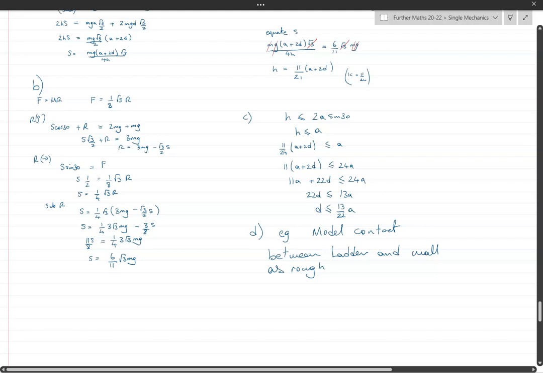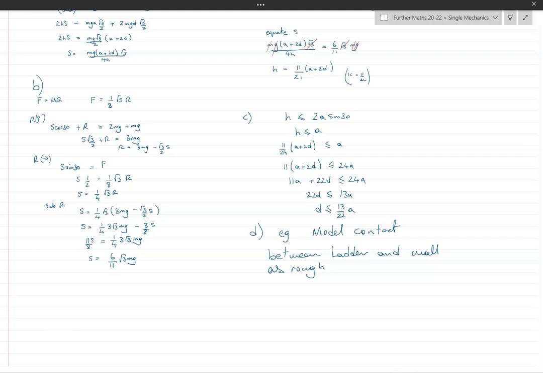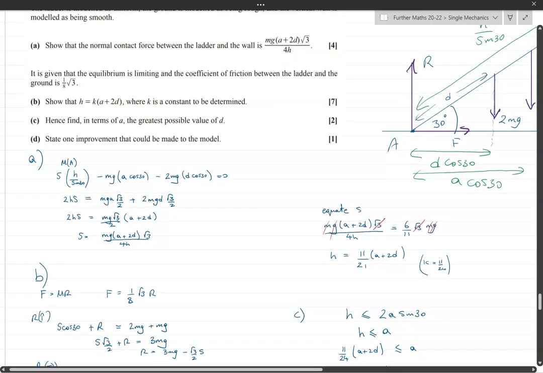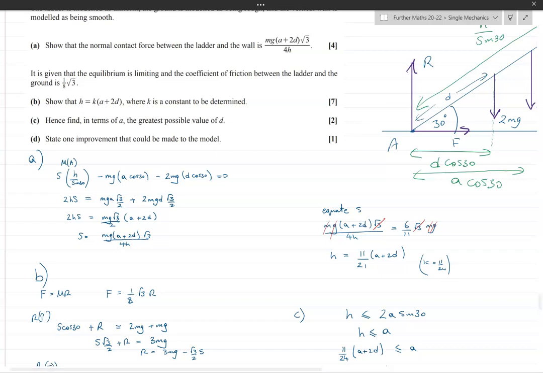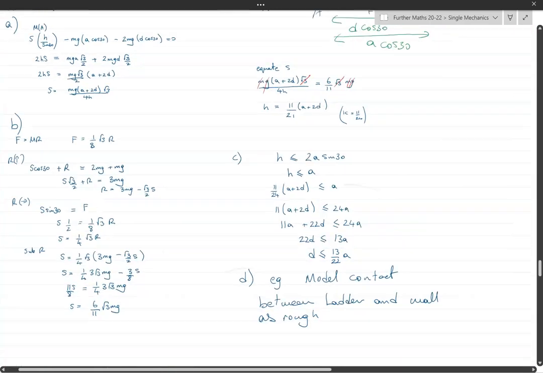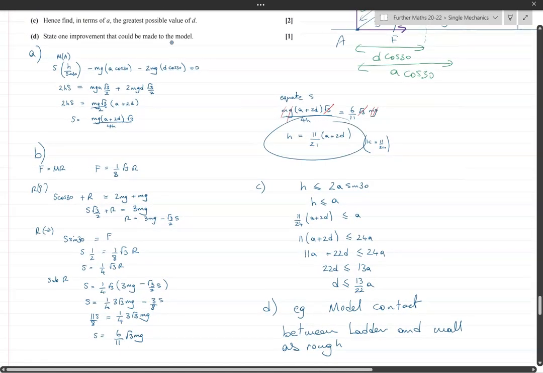But be careful not to list too many. I would just list one that you think is likely to be correct, because if you start listing incorrect things, you won't get any credit. And the classic one here is if someone says use a more accurate value of G. Well, we haven't even used the value of G in this question. It's independent of G. G cancelled in all this stuff here.